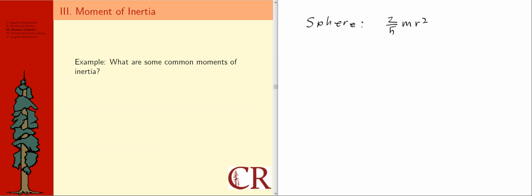So another example might be a cylinder. This could also apply to maybe a disk, because really the difference between a cylinder and a disk is, if you take a cylinder and shorten its length, now you have a disk, right? Anyways, I'm just going to say cylinder, and I'm imagining the axis of rotation going through the length of the cylinder.